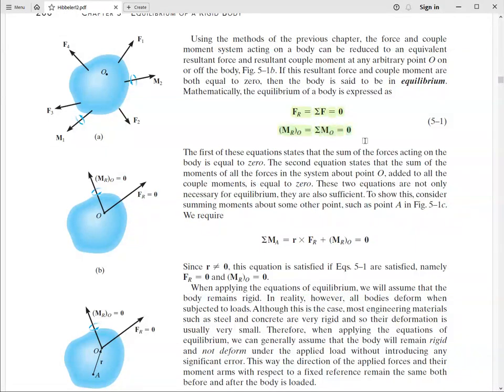Sum of forces equals zero, sum of moments about an arbitrary point O to be zero. It's explained here that any point that is considered to evaluate moments should likewise give you the sum of moments as zero as a condition of equilibrium.